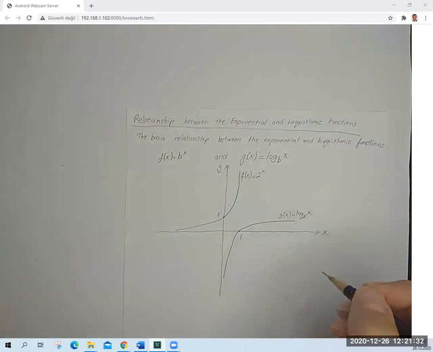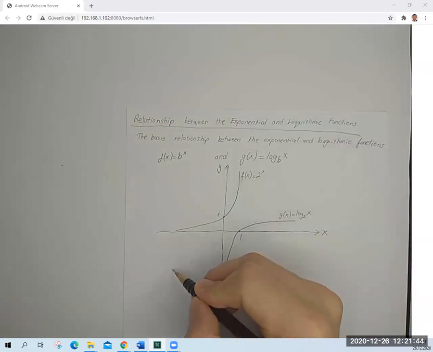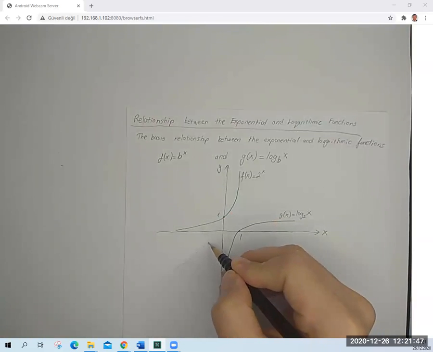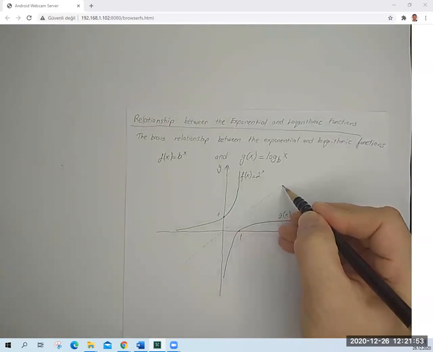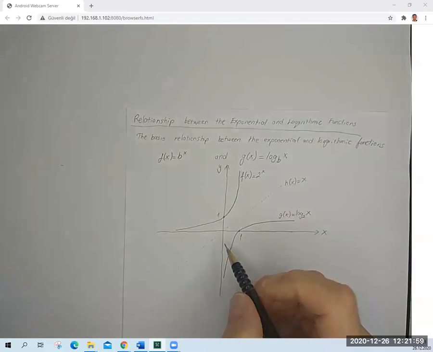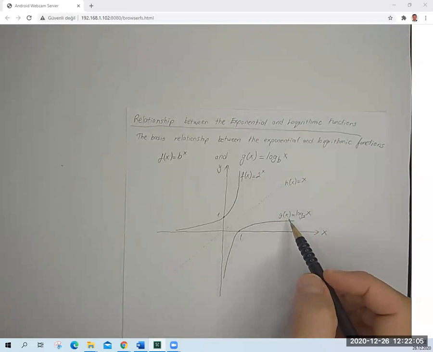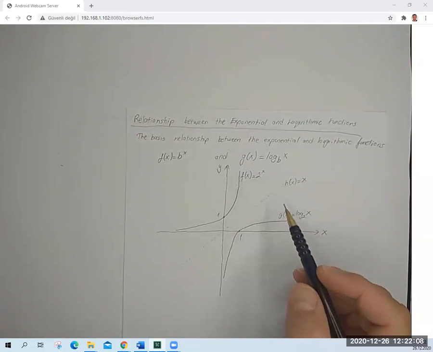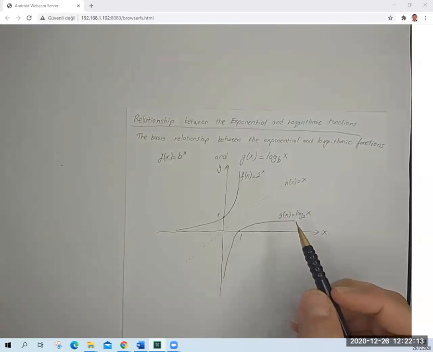So these two functions are reverse to each other, right? If I draw a line, like the function h of x is equal to x, this is the line function. According to that line, f of x and g of x are symmetric to each other, but we can say these two functions are inverse to each other, right?